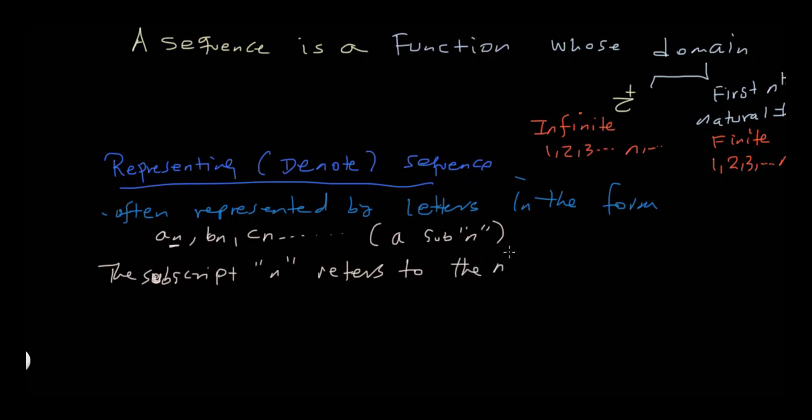So it tells us the position. Like in this case, we can say a sub 1, a sub 2, a sub 3, a sub 4, and so on. So the position of the element in the sequence is its rank or its index.